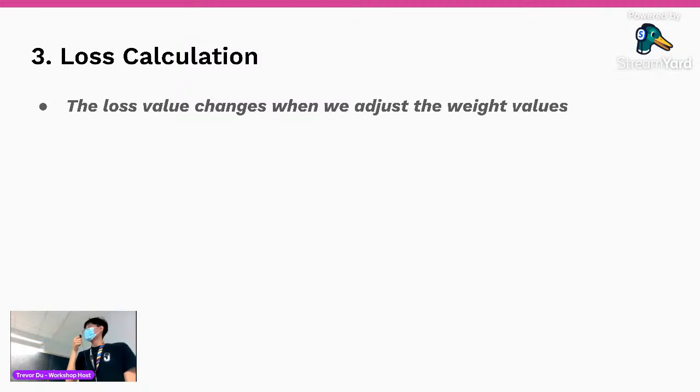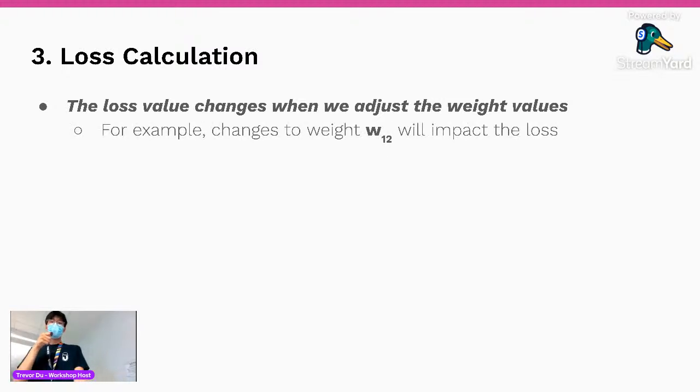Right. Now let's go back a bit. We know that by changing the weights of our neural network, we can change what the output looks like. Which means that if we adjust the weight values and change the output, the loss value will also change. For example, if we have a weight called W12 and we change it, it will impact the value of the loss.